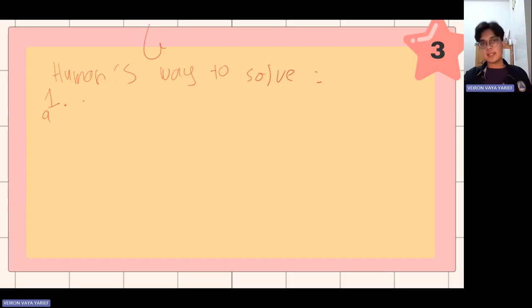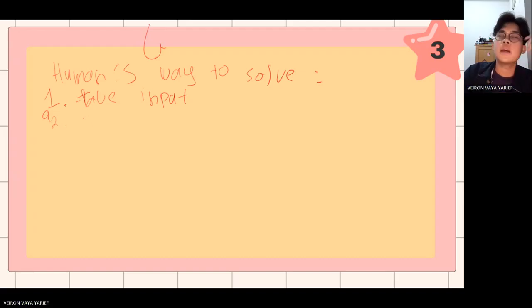But to translate a human's way to solve problems into code, we need to understand the steps. First, take the input. Then process the input. What do we need to process?